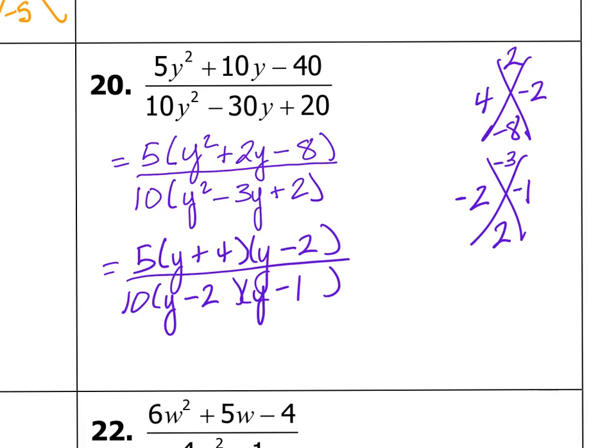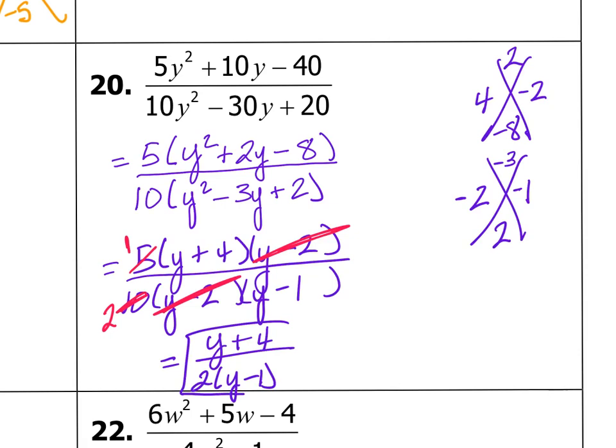Well, 5 goes into 5 one time and into 10 2 times. And then I have a y minus 2 and a y minus 2. So what do I get left with? On top, I've got y plus 4. And on bottom, I've got 2 times y minus 1.